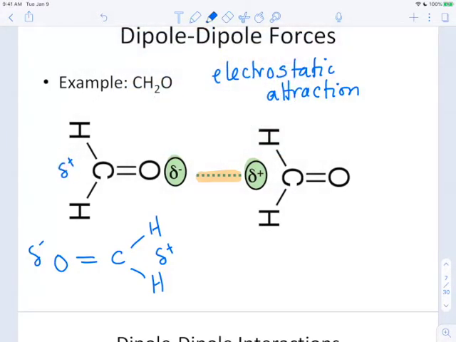Again, we're going to have the attraction going on, like so. So you can just draw this forever, and you can keep joining negatives and positives.